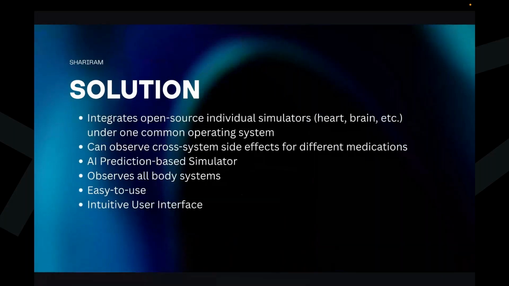After we do this, we can get it under one common operating system, which makes it easy for the user to use. We can also integrate the AI prediction-based software, which I was talking about, which also helps give a data summary for the user and makes it easier to understand. And we also include a user interface, and it will also be easy to use.